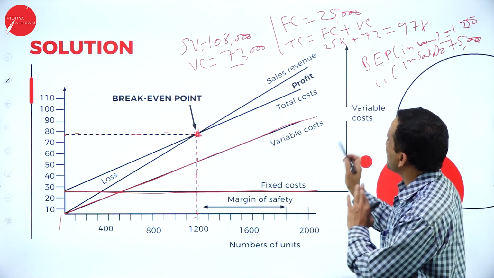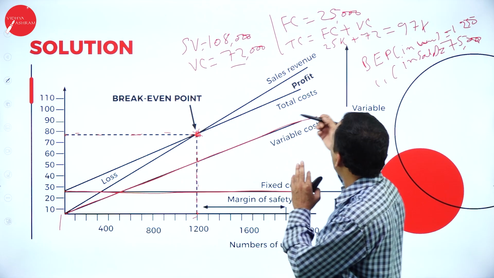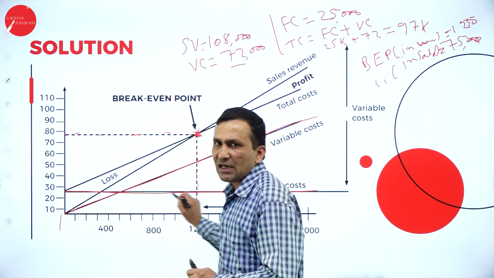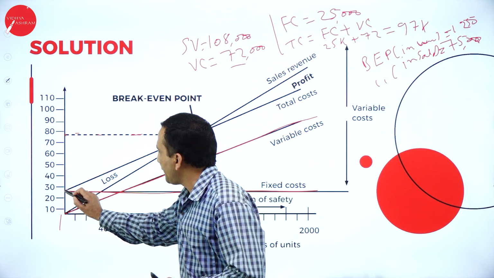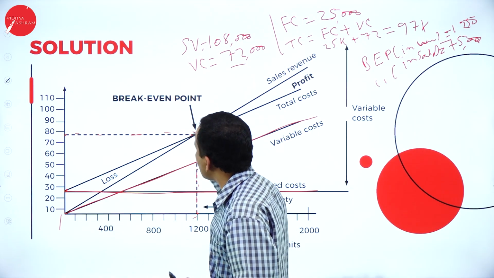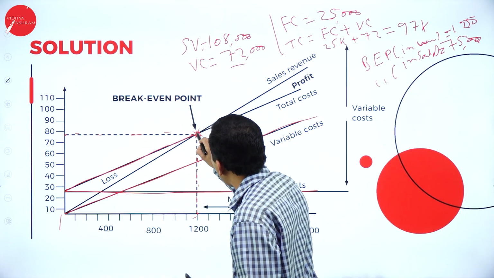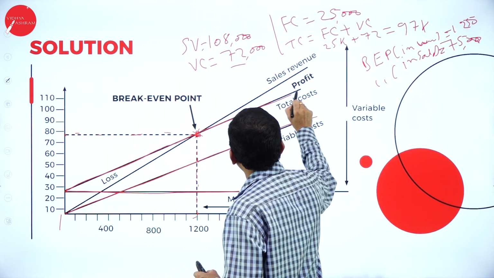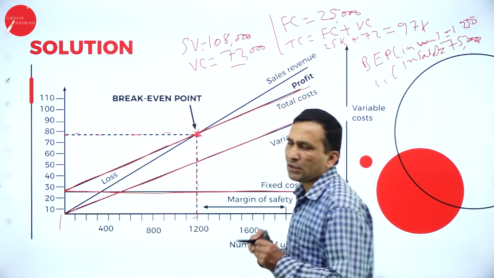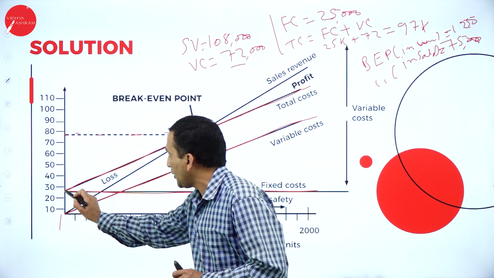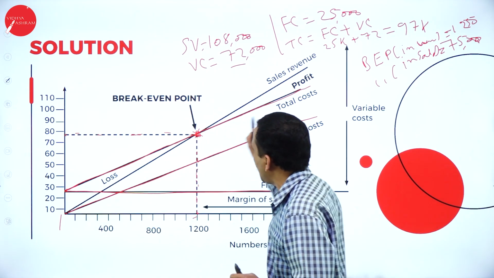Now the total cost line starts from the fixed cost point on the y-axis and is extended so that it intersects at the break-even point.